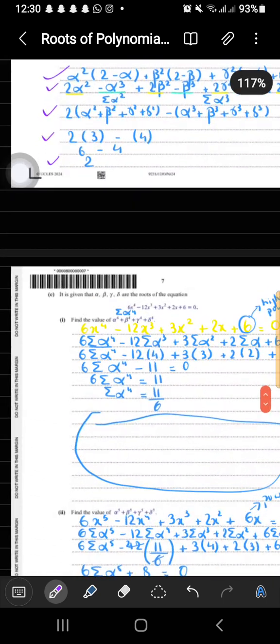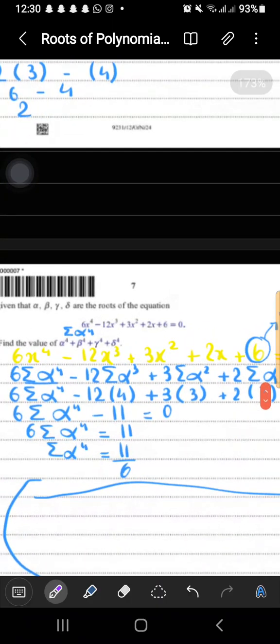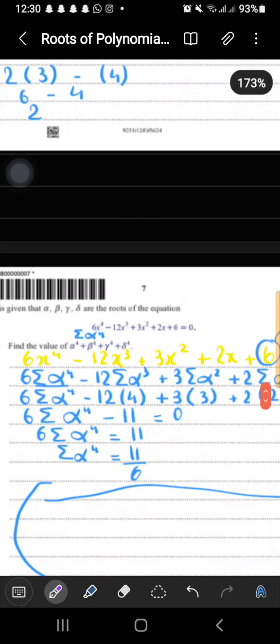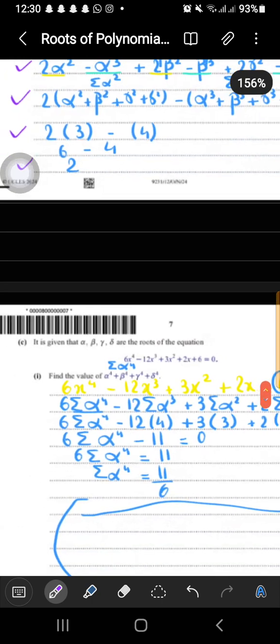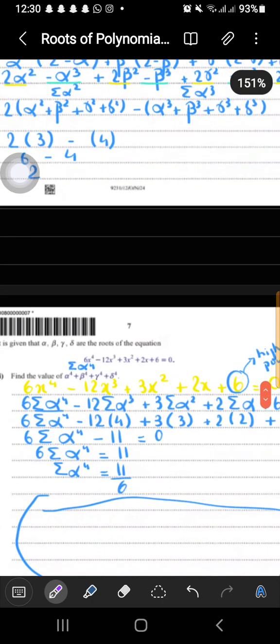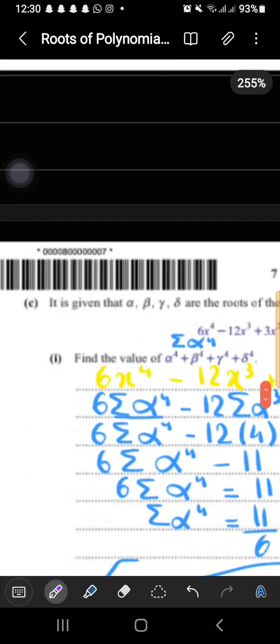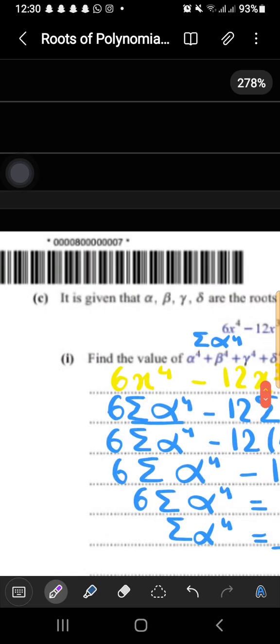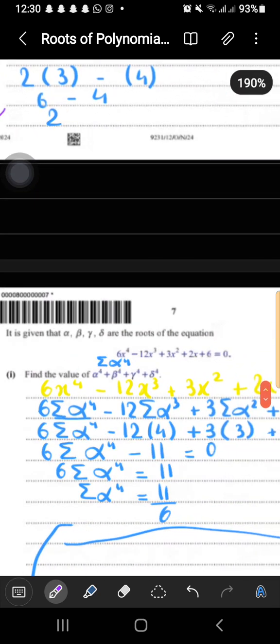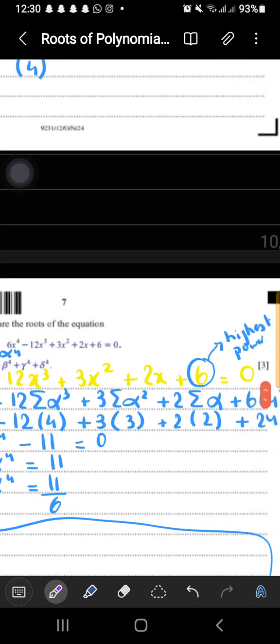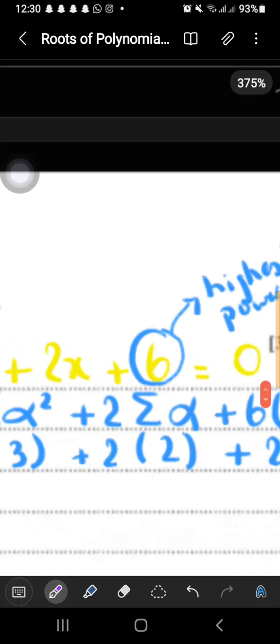Then we moved to the next part. Here we have the question. I copied that equation, then replaced x power 4 with summation alpha power 4, x cube with summation alpha cube, x square with summation alpha square, x with summation alpha, and the 6, which has no x, was a constant.